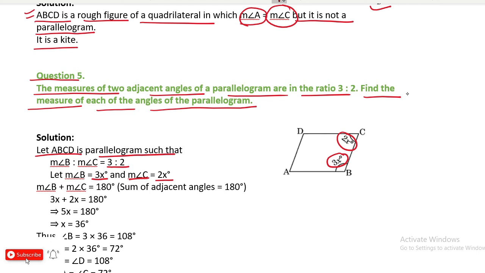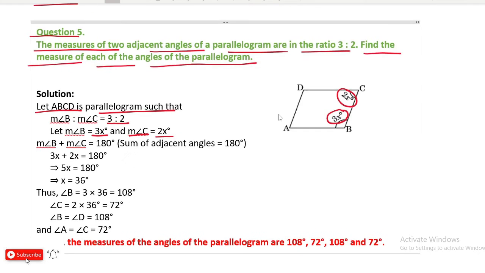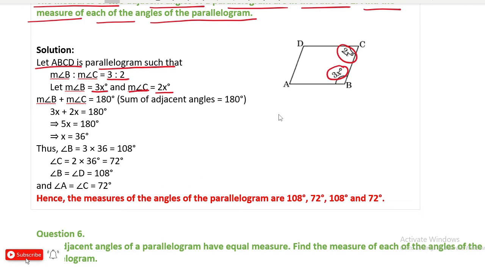Now the next: the measure of angle B plus the measure of angle C is equal to 180. Why? Because the sum of adjacent angles is equal to 180 in a parallelogram. Then 3x plus 2x is equal to 180.